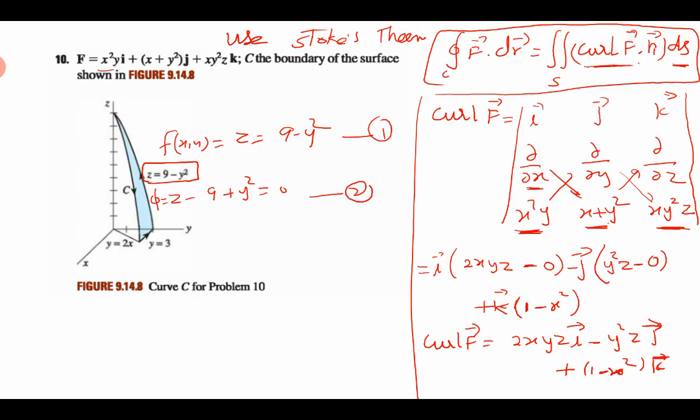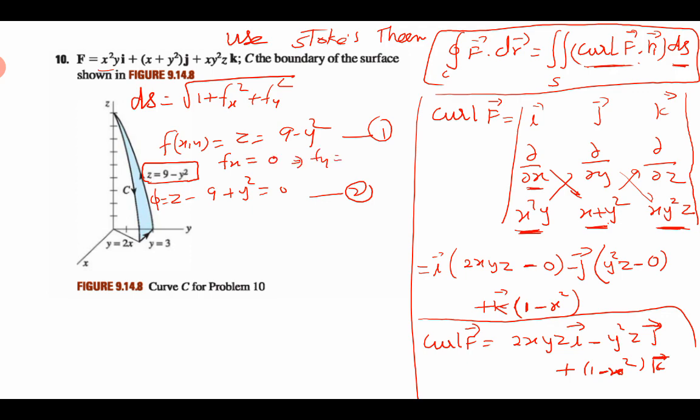Now we have to find dS and n vector. What is the formula for dS? Square root of 1 plus fx square plus fy square, where the equation of the surface is z equal to a function of xy. So what is fx? From equation number 1, there is no x, so 0. What is fy?